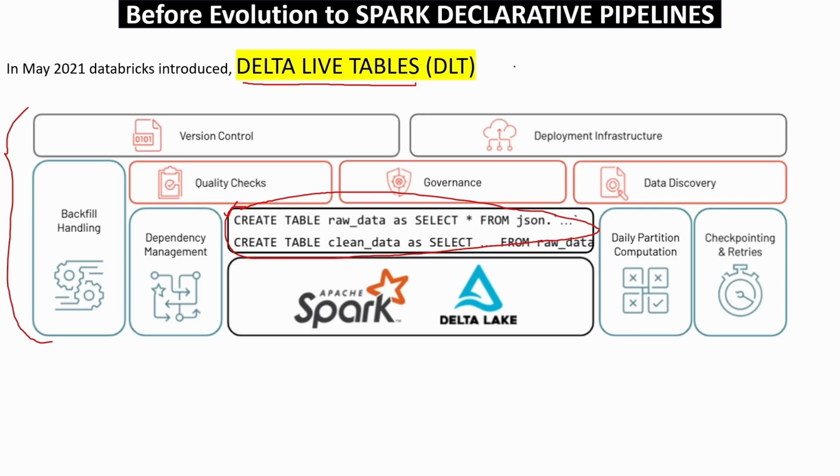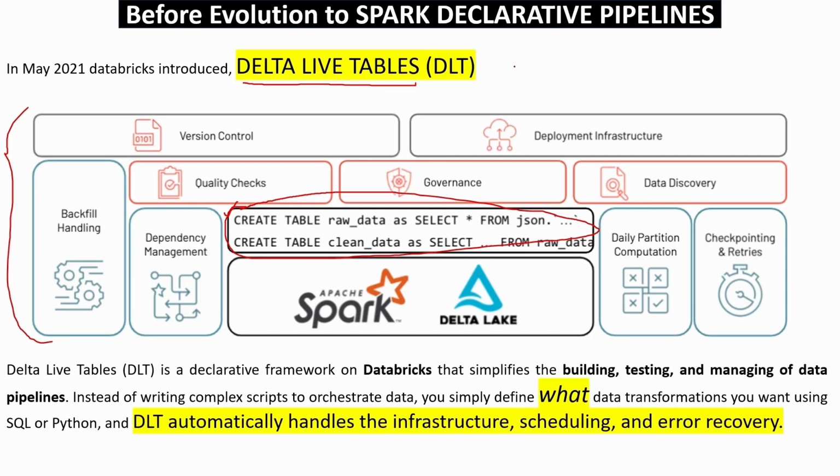So now let's understand the Delta Live Tables definition as well. Delta Live Tables is a declarative framework. Yes, it is not a past thing. It is still there. Okay, it has just evolved, but it is still there. So Delta Live Tables is a declarative framework on Databricks that simplifies building, testing, and managing data pipelines.